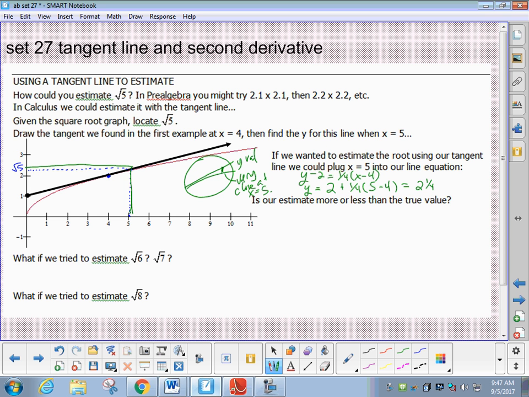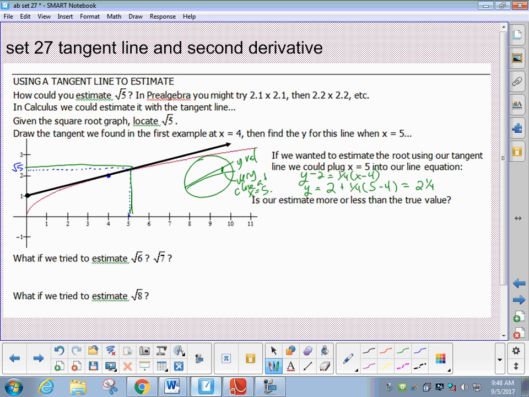So we're estimating that the square root of 5 would be about 2 1/4, 2.25. Now, this I could talk about all day. But just so you have a little bit of an appreciation of what's going on here, the y for the tangent line is the baseline 2 plus how much I expect it to change given the rate of change there. This 1/4 means change in y over change in x.